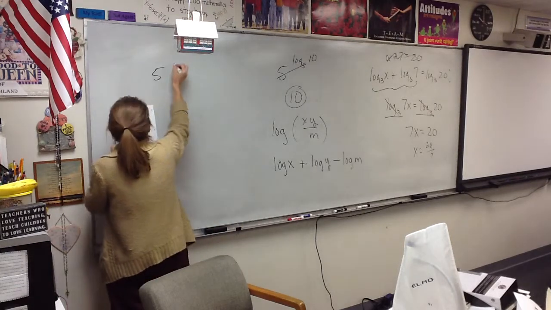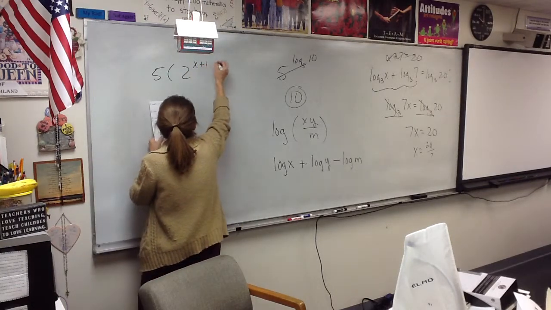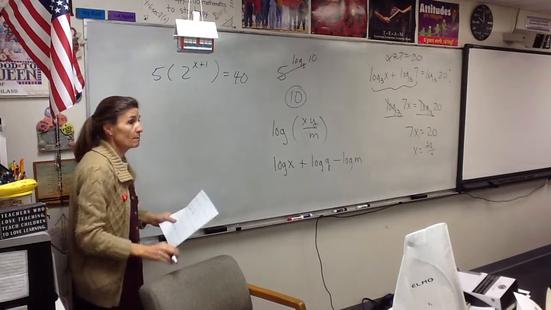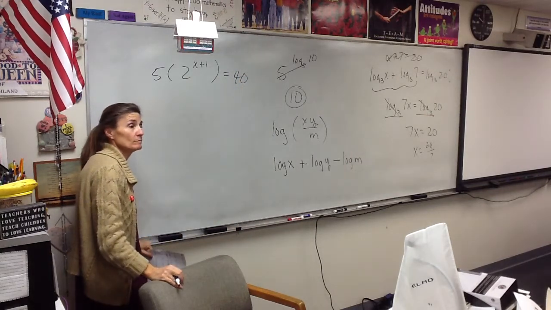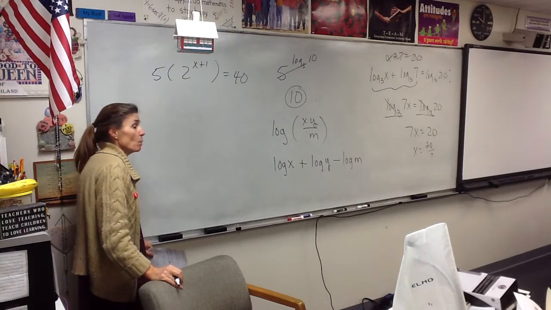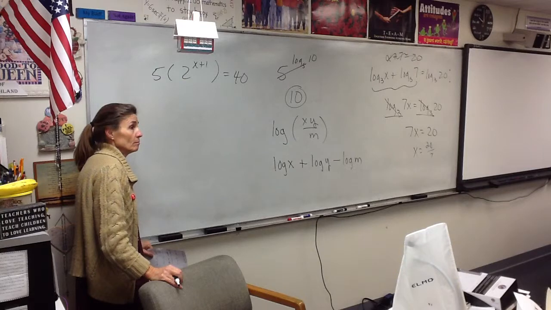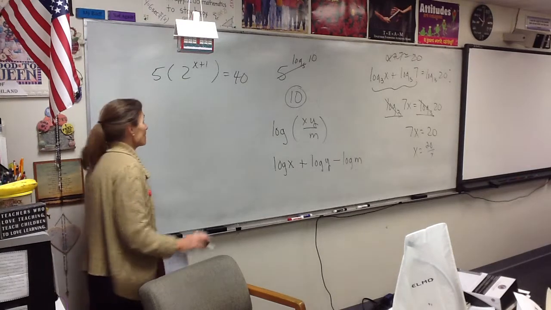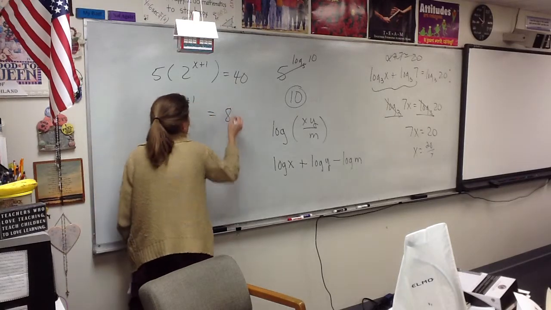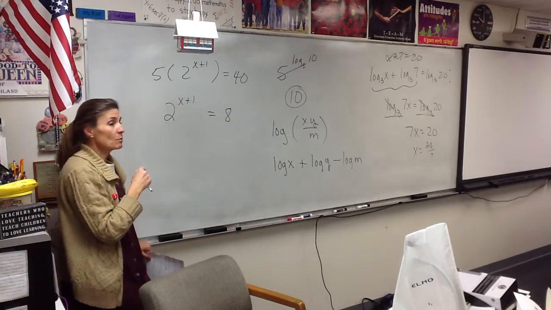Okay, let's look at number 11. We did a bunch of these a couple days ago. Step 1. Divide by 5. And this is kind of like one we did earlier.